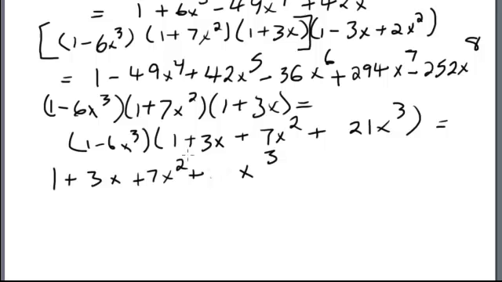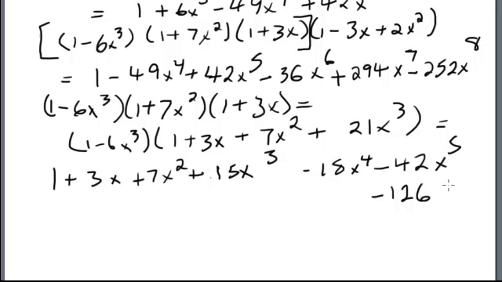We have 21x cubed minus 6x cubed times 1. So that's 21 minus 6, which is 15, 15x cubed. And then negative 6x cubed times 3 is negative 18x to the 4th. Negative 6 times 7 is negative 42x to the 5th, and negative 6 times 21 is negative 126x to the 6th.